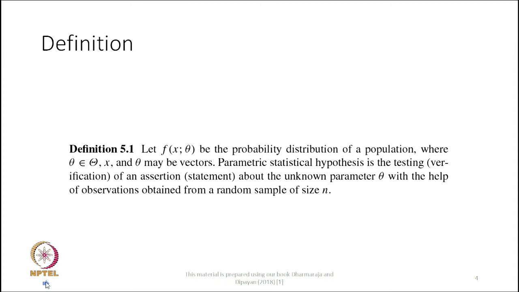And the parametric statistical hypothesis is the testing of an assertion, that is, a statement about the unknown parameter theta, with the help of observations obtained from a random sample of size n. So, this is what I have just explained in layman's language: the meaning of a parametric statistical hypothesis, or testing of hypothesis in parametric form.